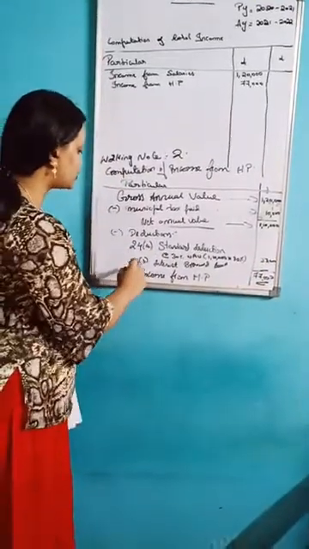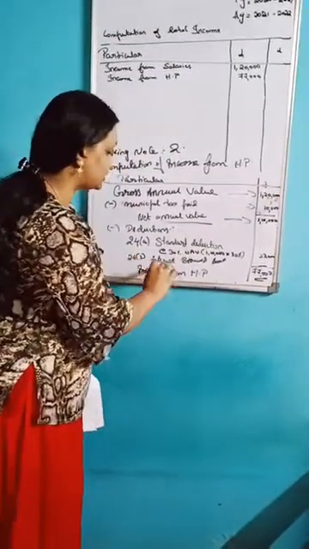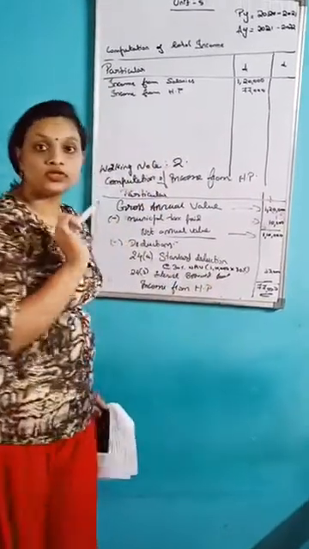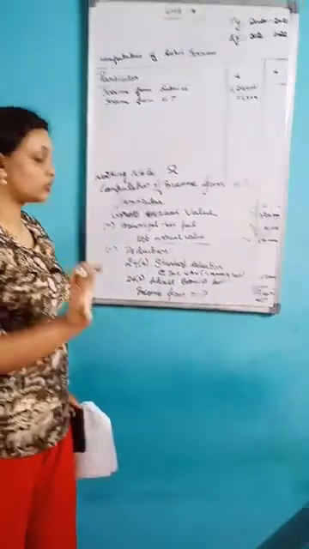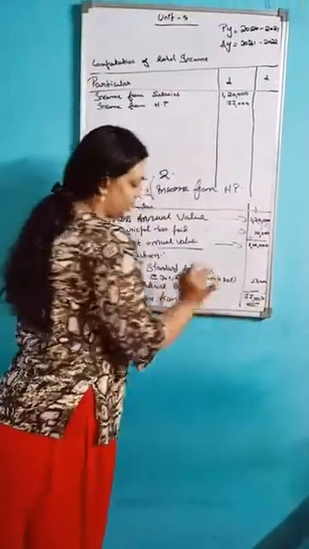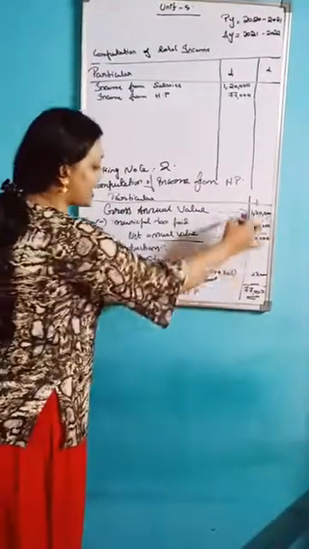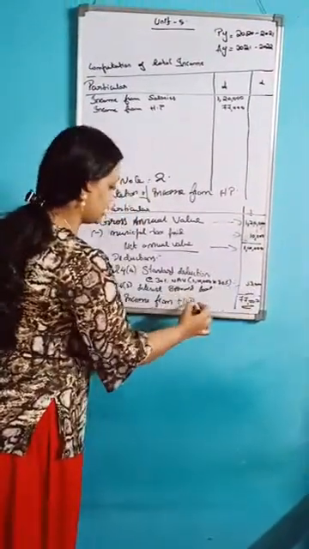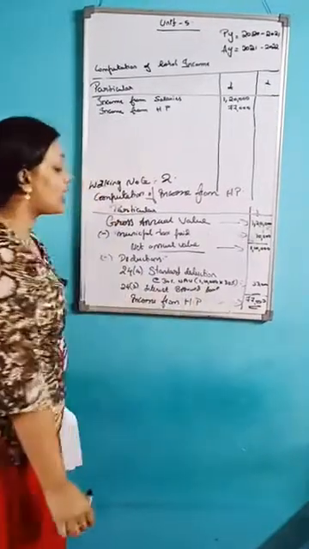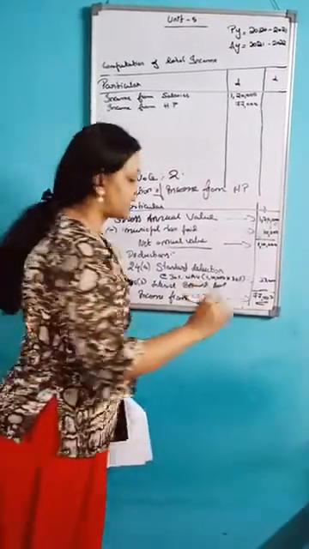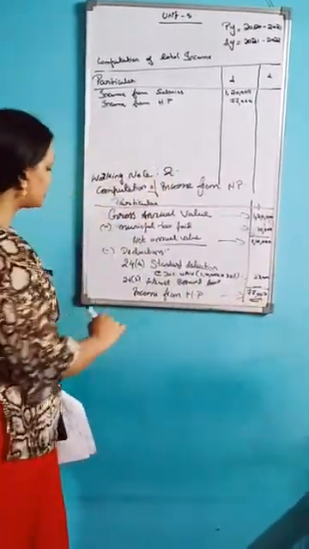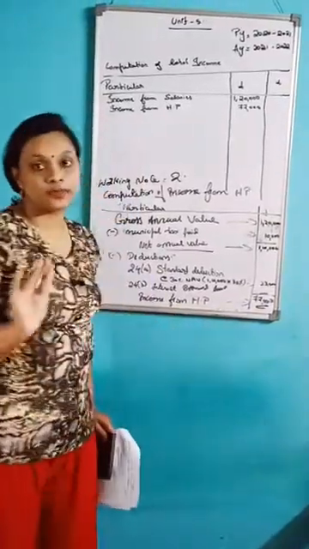Next one is 24 subsection B, that is interest on borrowed loan. In the question they did not give any interest on borrowed loan, so you should write nil. And finally you minus everything, and the final answer you will get is 77,000. That is the income from house property.